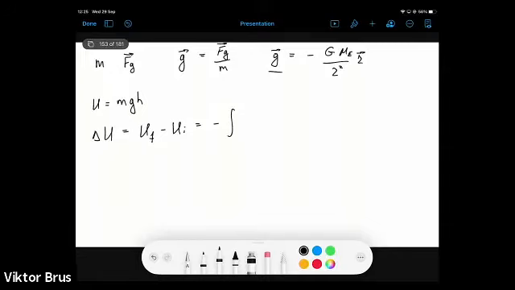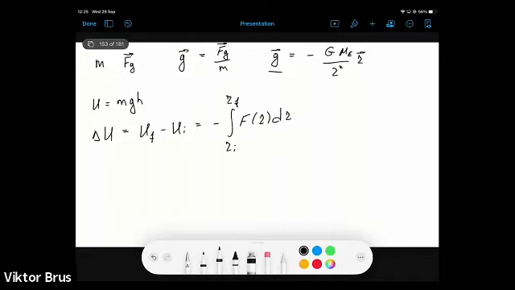So we have a system of the Sun and the Earth, or a system of Earth and some object next to the planet. There is some internal conservative force, which is gravitational force, and this is a function of distance times dr, from r initial to r final.